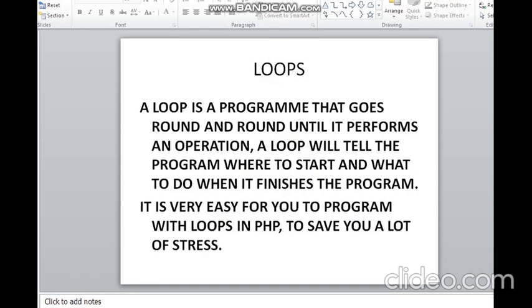A loop is a program that goes round and round until it performs an operation. Which means it continues to repeat itself until it performs what you've told it to perform. A loop will tell the program where to start and what to do when it finishes the program.